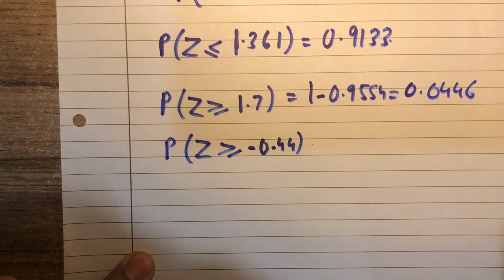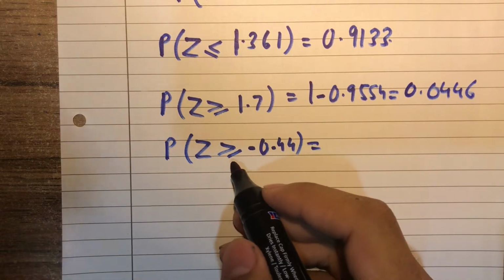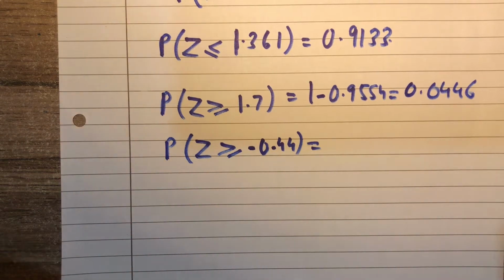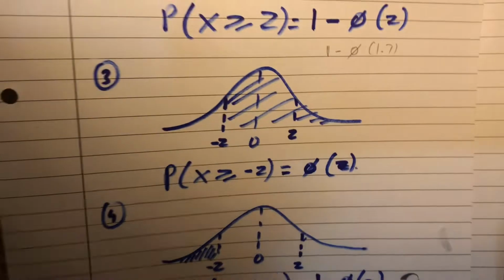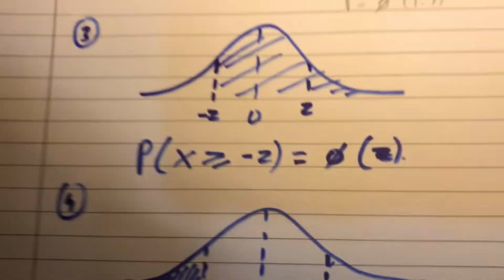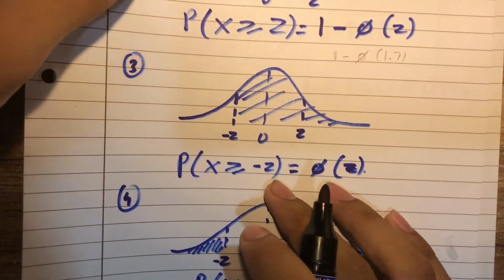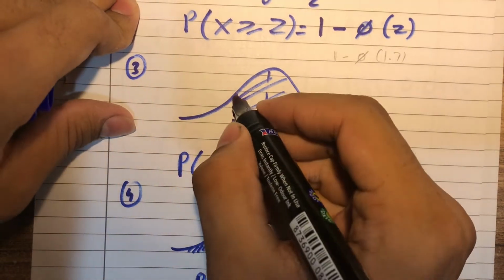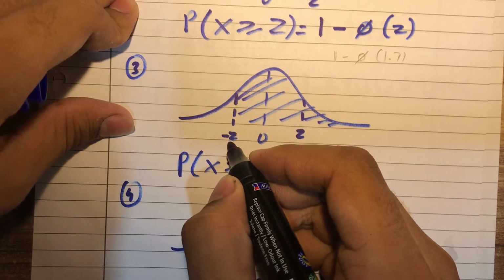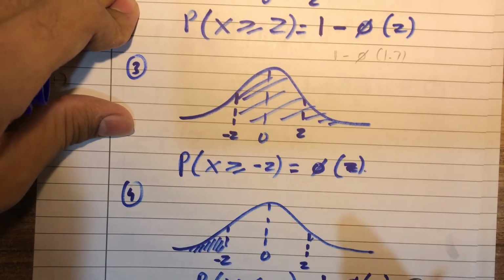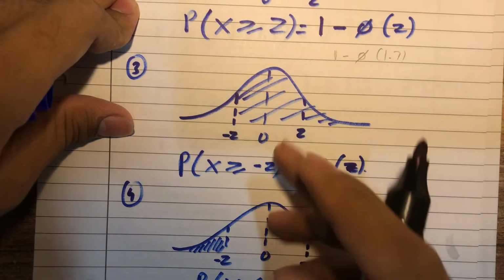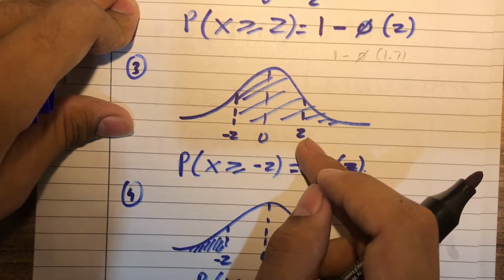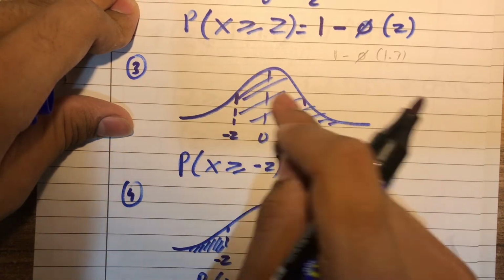0.0446. Now lastly, there is z greater than or equals to negative 0.44. This is this case. So over here we have negative 0.44 and we have to find this area. We know that the normal curve is symmetric, so we can find the area that is less than or equals to z, that means 0.44, and that will be equal to the shaded area.